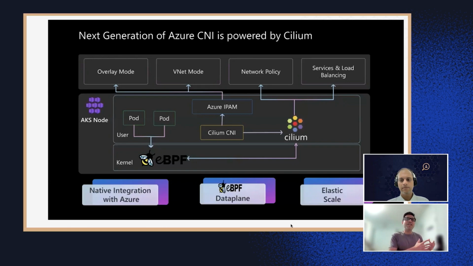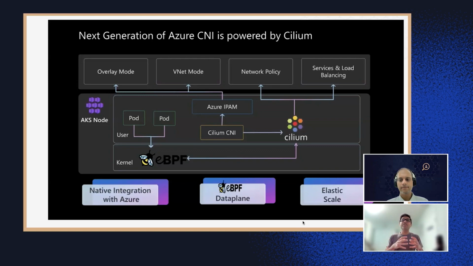We announced that the next generation of Azure CNI is powered by Cilium. What it means is that while we leverage the potential of eBPF and Cilium in the guest, we do it in a way which can elastically scale and natively integrate with Azure. And the way we have built this, we can give the power of the VNet stack, the Azure networking stack, to all your container applications.